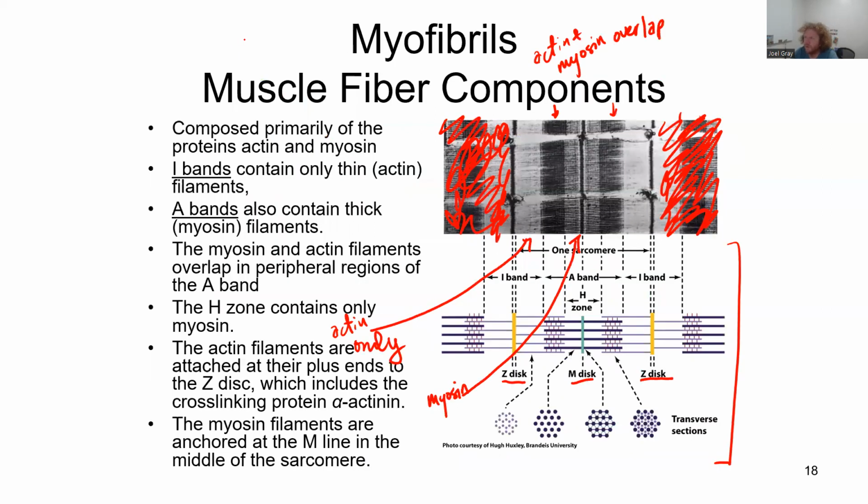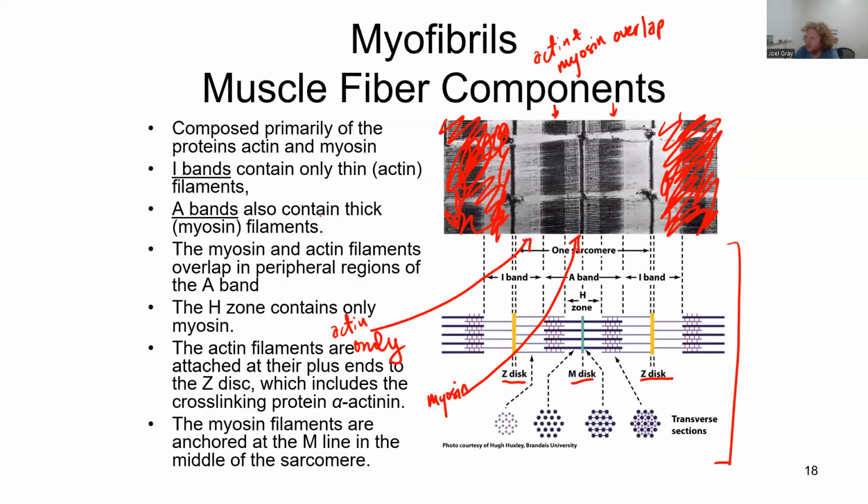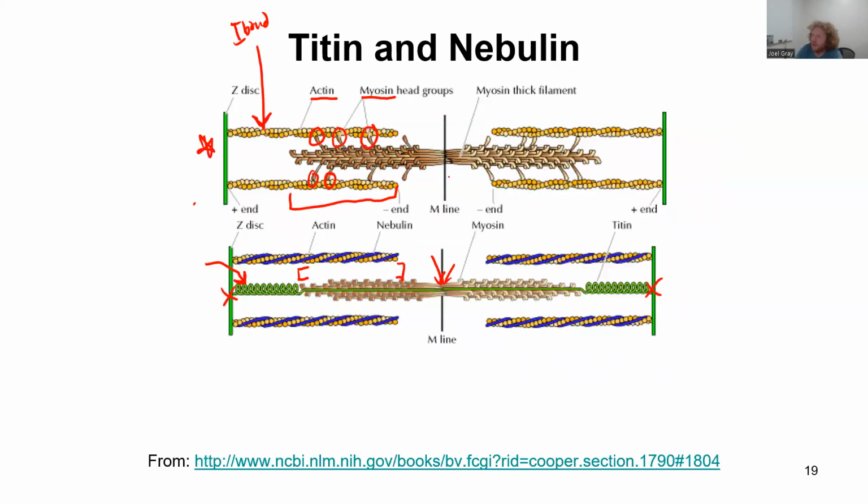Now let's look back at this previous slide. The A bands also contain thick myosin filaments. So actually let me jump back for a second. The A band spans from one end of myosin to the opposite end of myosin.